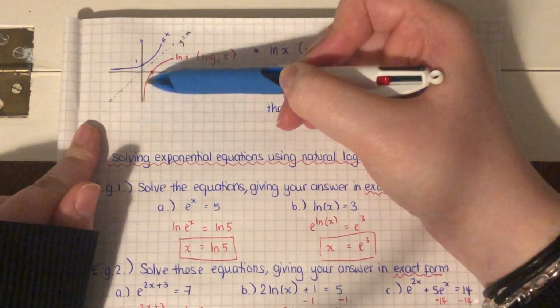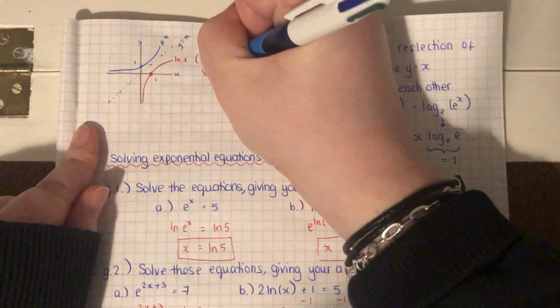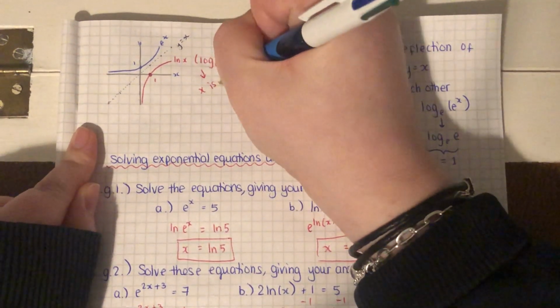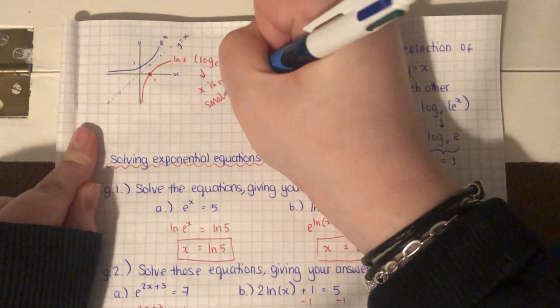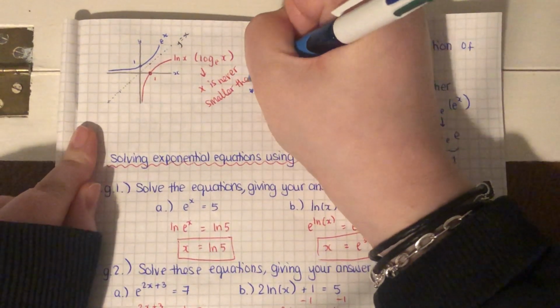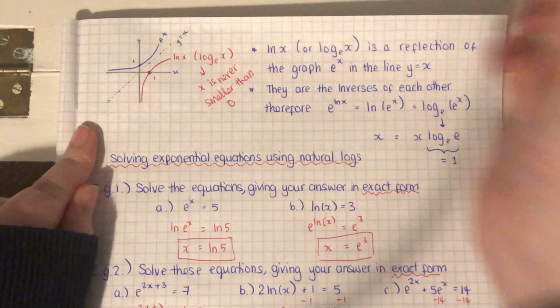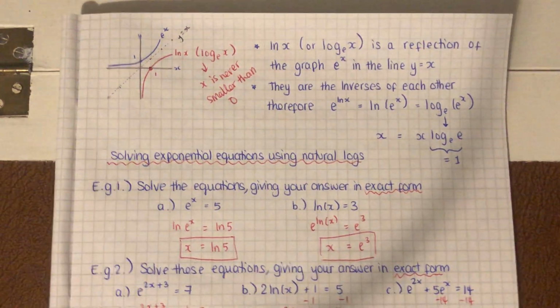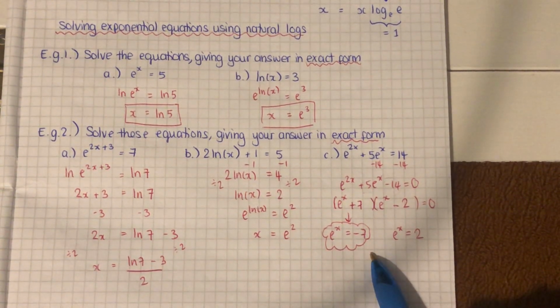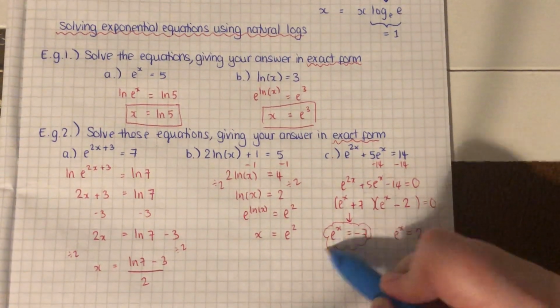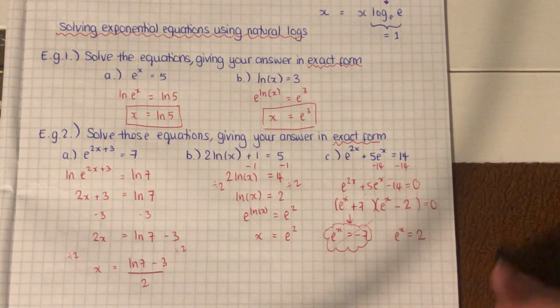So it means that x is never smaller than 0. So that means that when we do this part, we can't actually take ln of that because it would become ln of minus 7, which is impossible. So that one we don't need to carry on with.